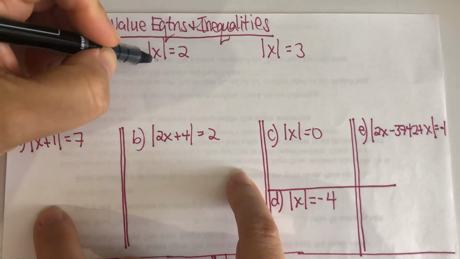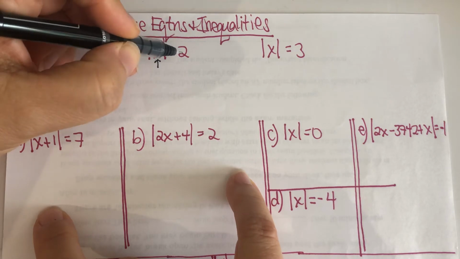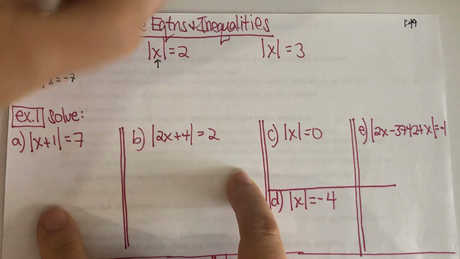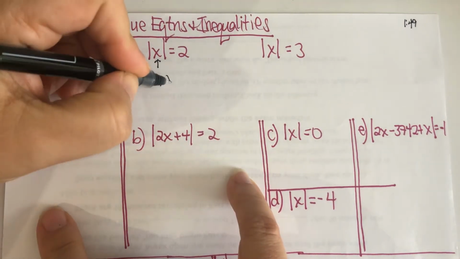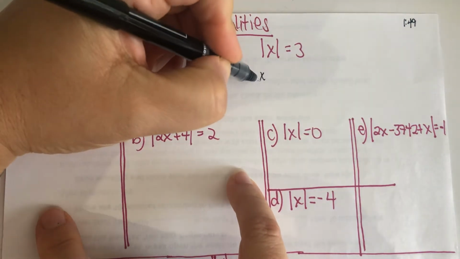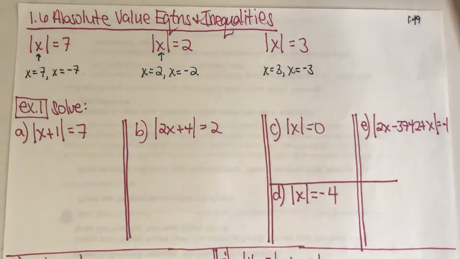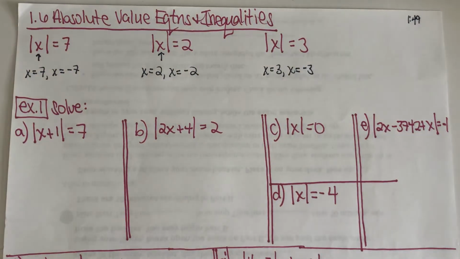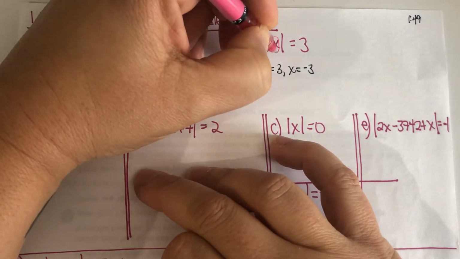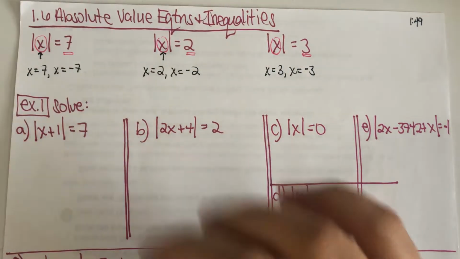So what about this x value? What can I plug in for x so that when I take the absolute value of it, I get 2? Hopefully you picked x equals 2 and x equals -2, right? And then over here, I have x equals 3 and x equals -3. So whatever is inside of the absolute value is going to equal plus or minus whatever is outside of the absolute value, the number, right?